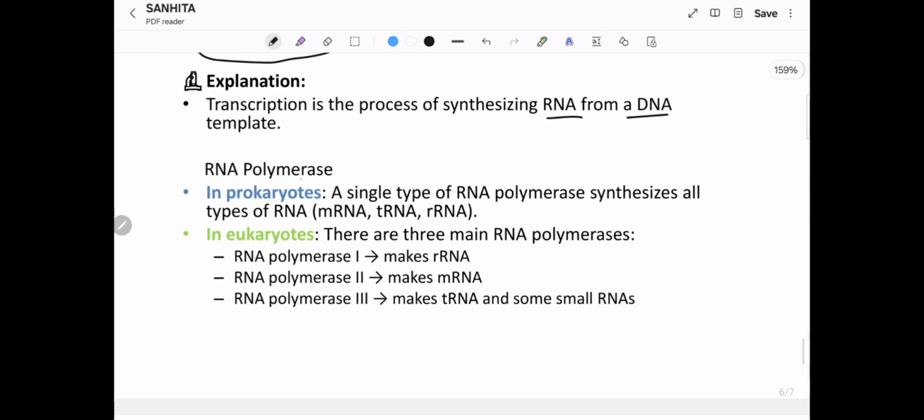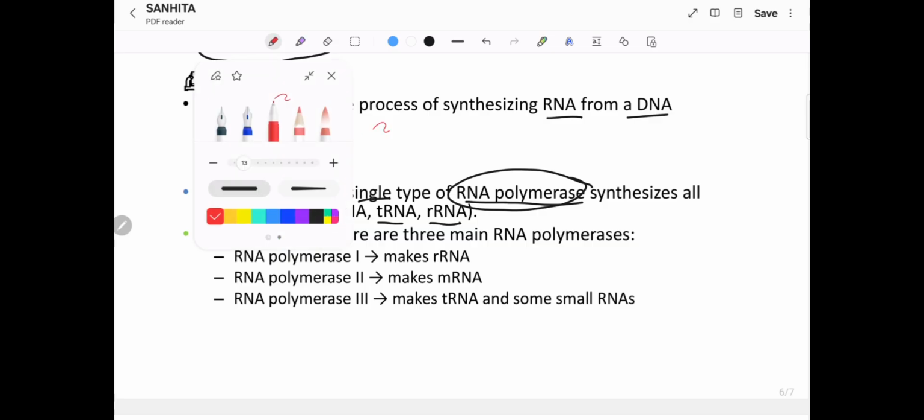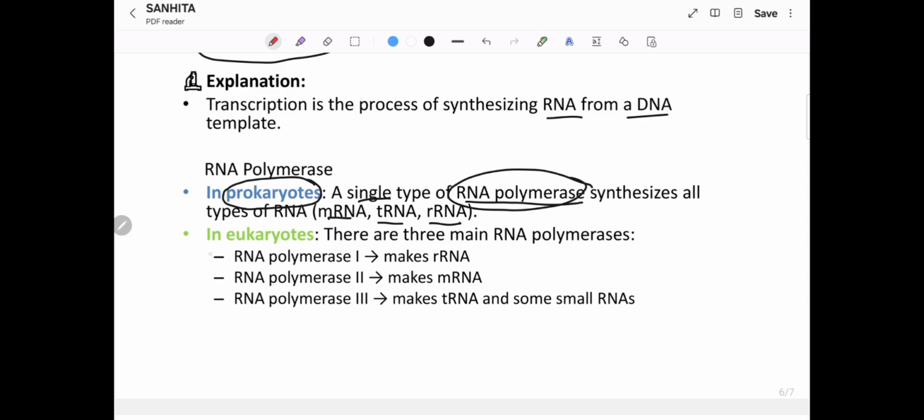For prokaryotes, only one type of RNA polymerase can make these three types of RNA: mRNA, tRNA and rRNA. To synthesize all types of RNA, we require only a single type of RNA polymerase. But for eukaryotes, there are three types of RNA polymerase. RNA polymerase 1 makes rRNA, RNA polymerase 2 makes mRNA, and RNA polymerase 3 makes tRNA.